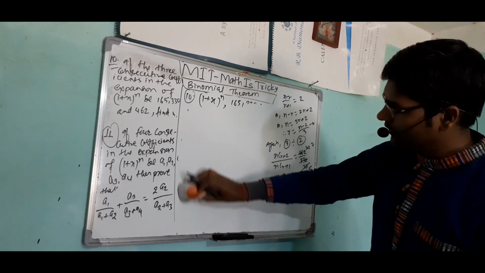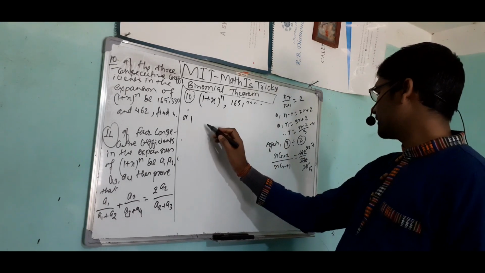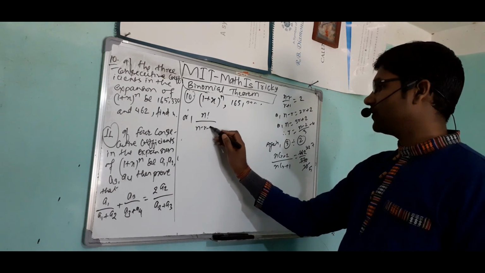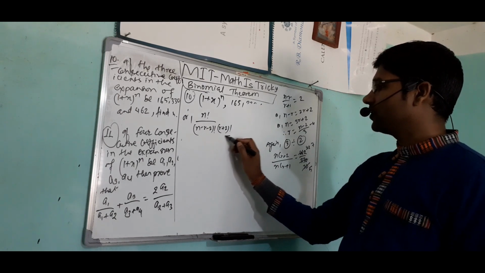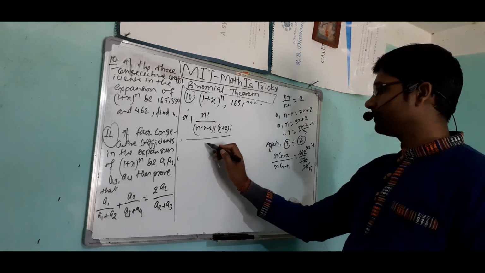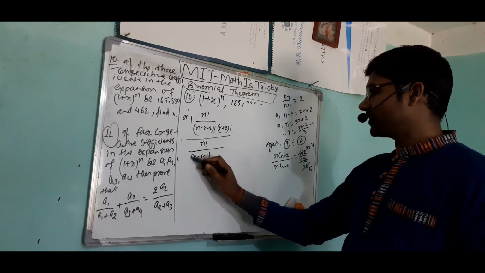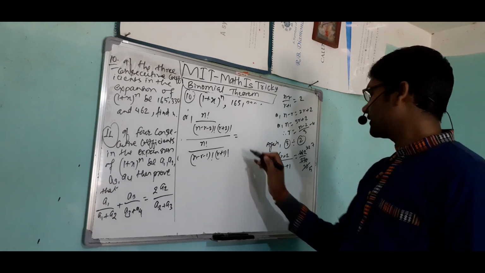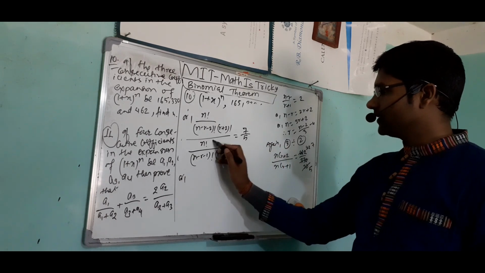Now we can write n factorial by (n minus r minus 2) factorial times (r plus 2) factorial, divided by n factorial by (n minus r minus 1) factorial times (r plus 1) factorial, equals 7 by 5. Let's simplify and cancel.